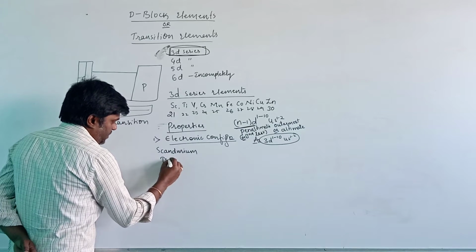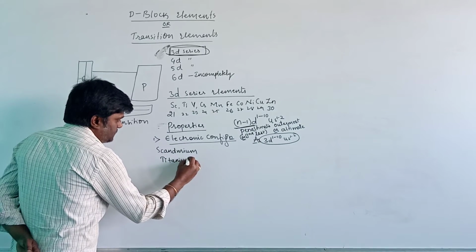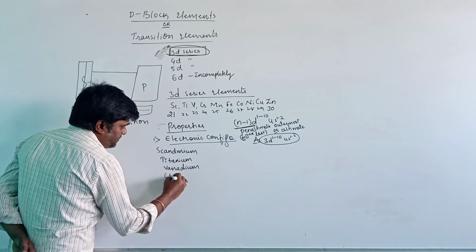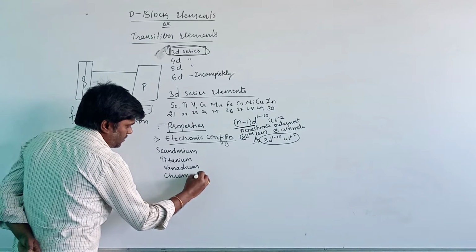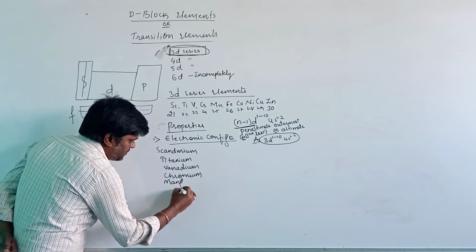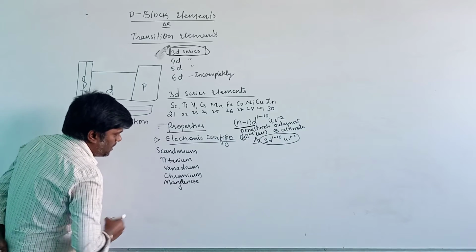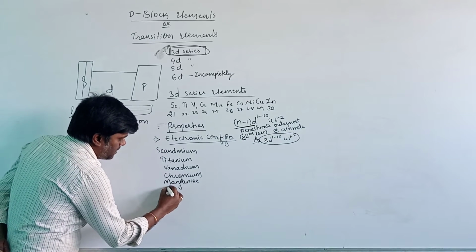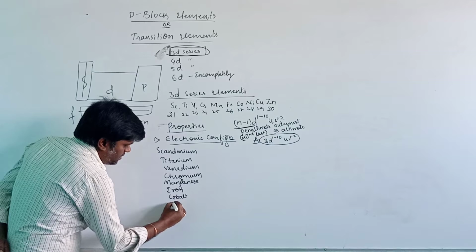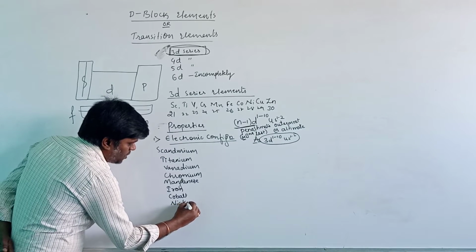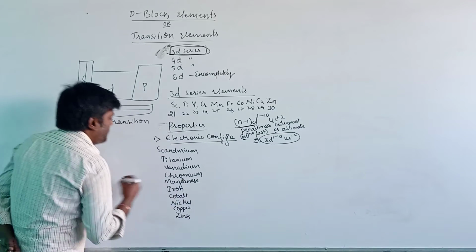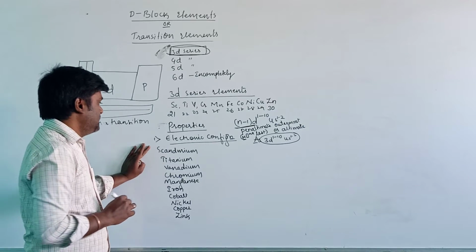Next one, titanium, vanadium, chromium, then manganese, iron, cobalt, nickel, copper, and the last is zinc. These 10 are collectively known as 3D series elements.